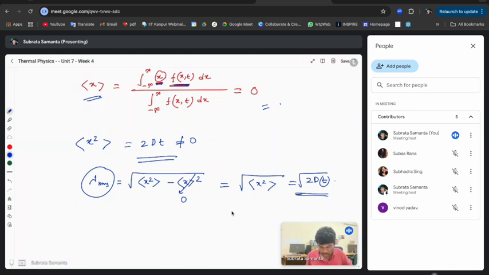This is the typical characteristic of Brownian motion, a random motion.